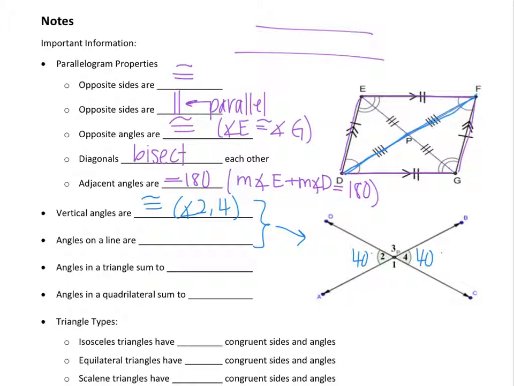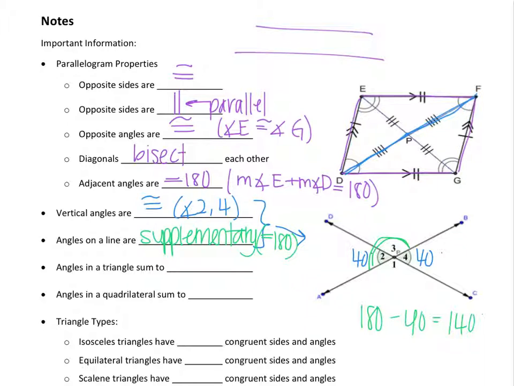Then we have the fact that angles on a line are supplementary, meaning they equal 180. So angles 2 and 3 on a straight line should add up to 180. So 180 take away 40 leaves me with 140 for angle 3. But angle 3 is vertical with angle 1, it's opposite of it, so angle 1 is also 140.